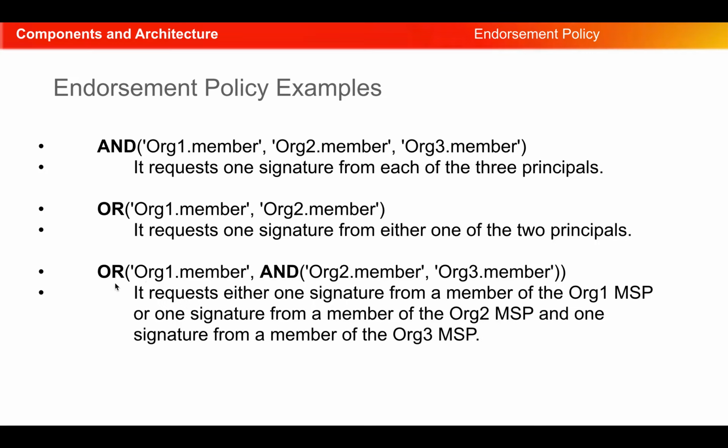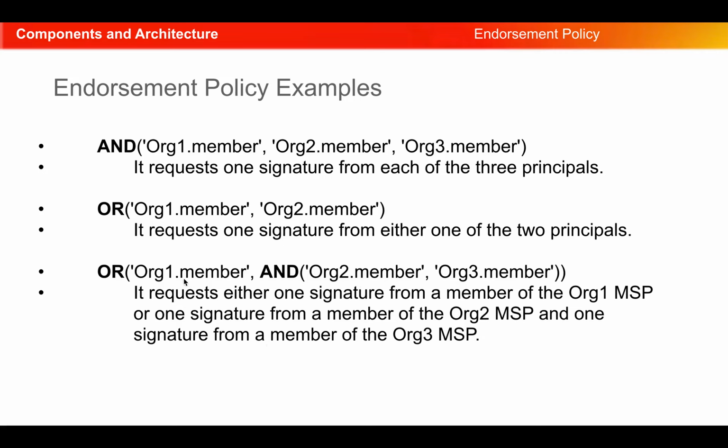Again, one more example, which is the nested expression we talked about. It requests either one signature from a member of the org1 MSP, which is this part of the expression, or one signature from a member of the org2 MSP and, because it is AND, one signature from a member of the org3 MSP.